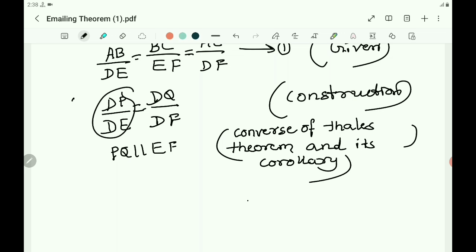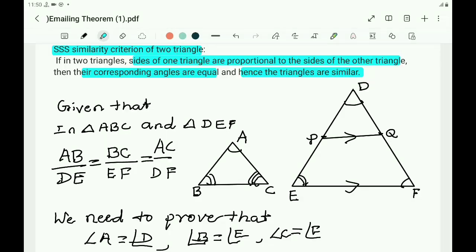Here DP by DE is equals to DQ by DF is the corollary of the Thales theorem, and its converse means you can get PQ parallel to EF.